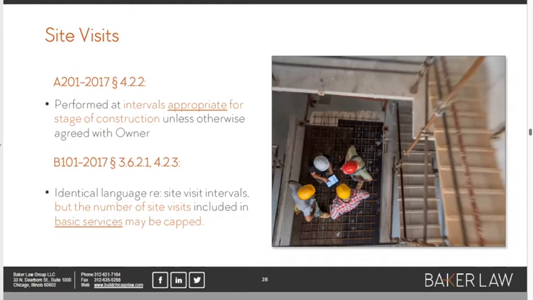And so the B101 language will trump that there, right? We've got similar language in the B101 about site visits, but the owner and the architect, as part of their business deal based on fee and level of service, can cap the number of site visits. That's something that is done in the B101, and it is relevant to what's in the A201 general conditions.